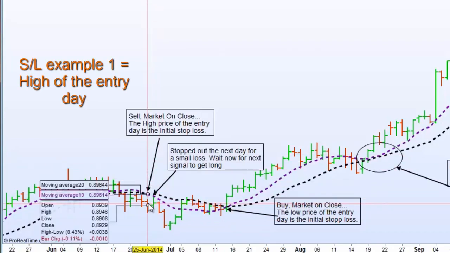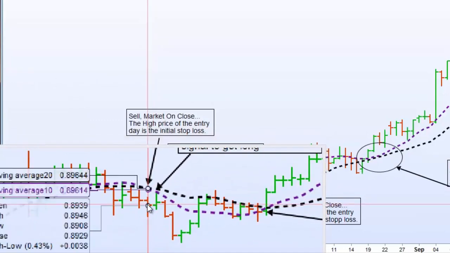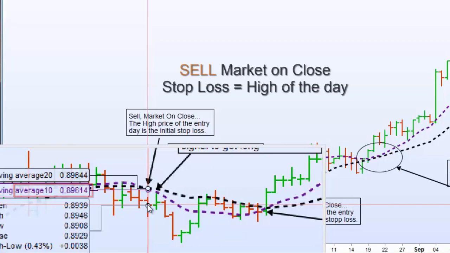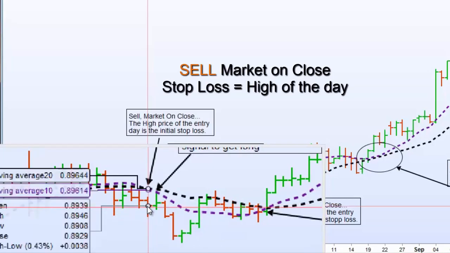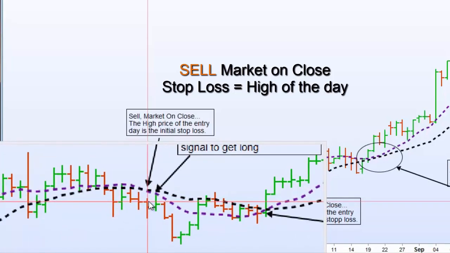On the entry day, you can see that the moving average 20 is at 0.89644 if you look to the left of the cursor, and the moving average 10 is at 0.89614. So on this day, you would sell market on close, which means right before the market closes you would just sell, and your stop would be the high of the day in this example.